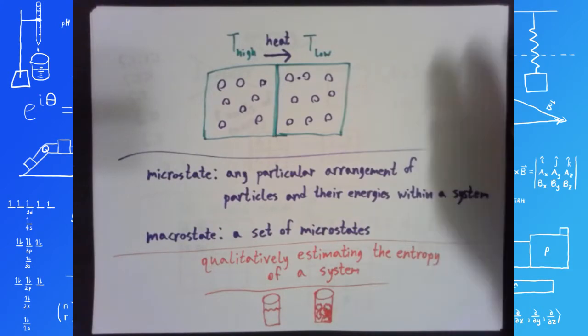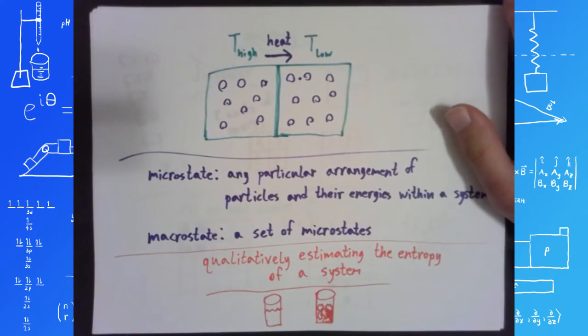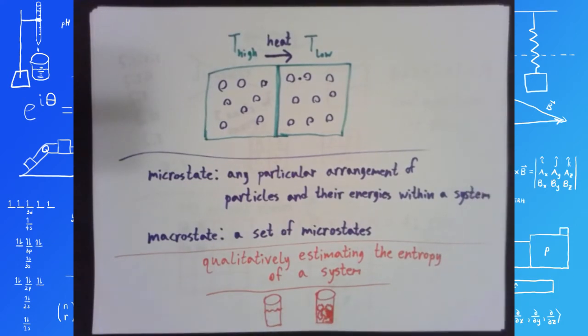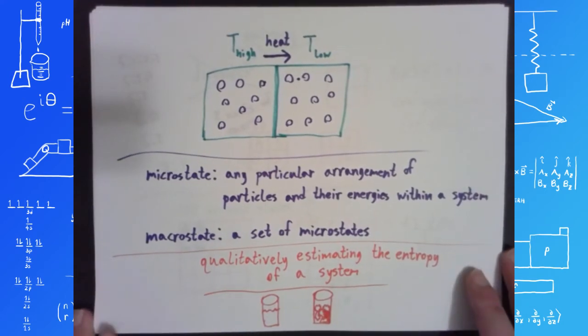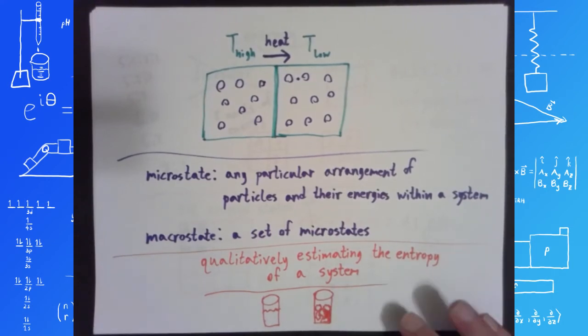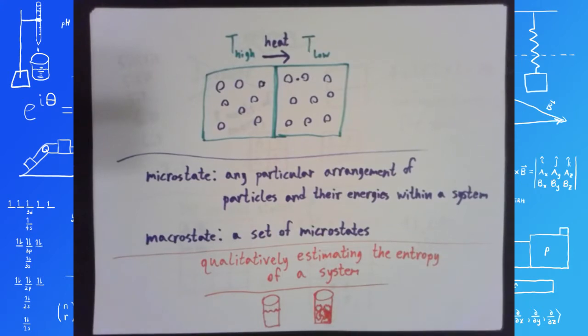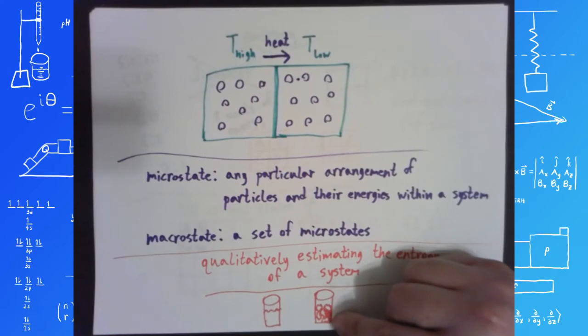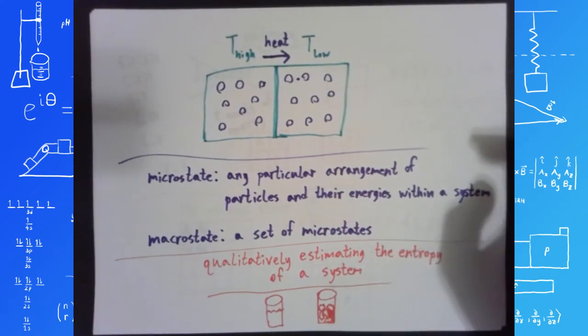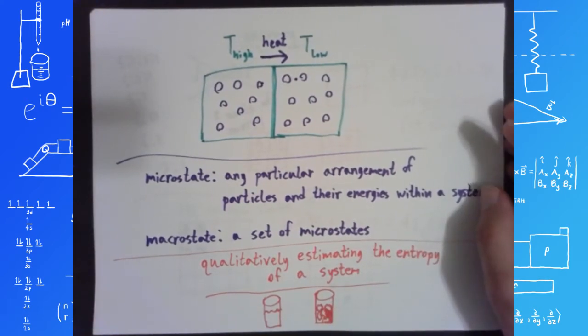Why? Think about how many different ways the particles can be arranged. Let's forget about the energies for a minute. Just think about the number of ways in which the particles' positions can be rearranged. Well, the crushed ice is in the solid state, and particles in the solid state don't have a lot of freedom of movement. They kind of just vibrate in place. They can move, but not by a whole lot. They just kind of shake.